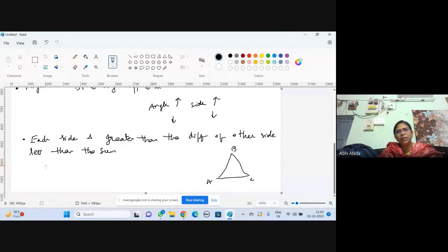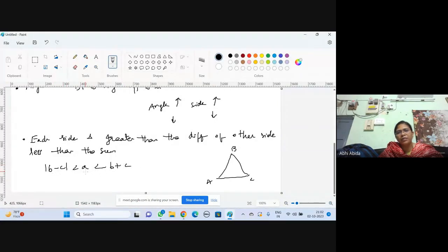The third length will always be in between the range. That means the third side will always be in between the difference and sum of the other two sides. I hope you understood.